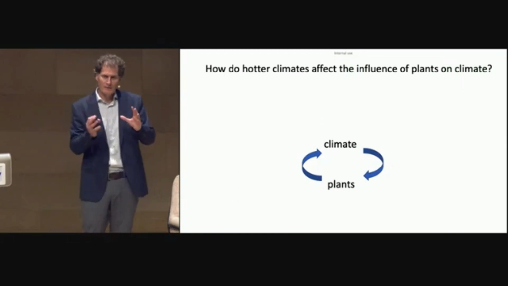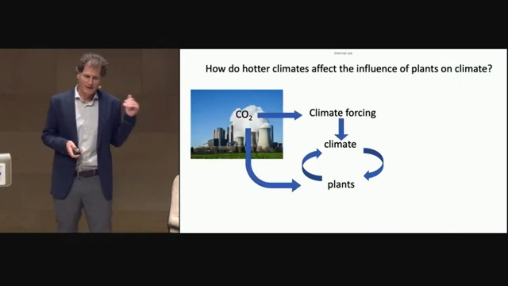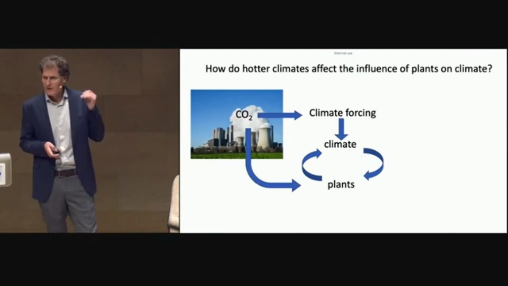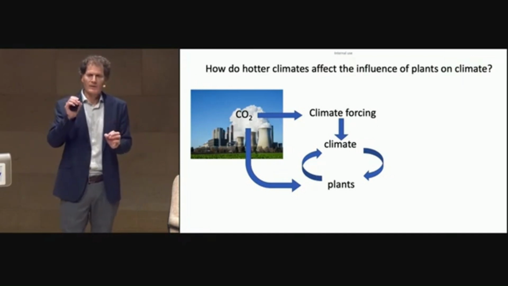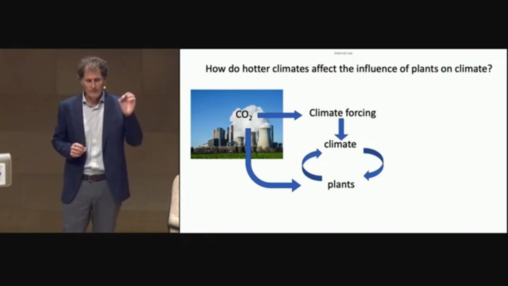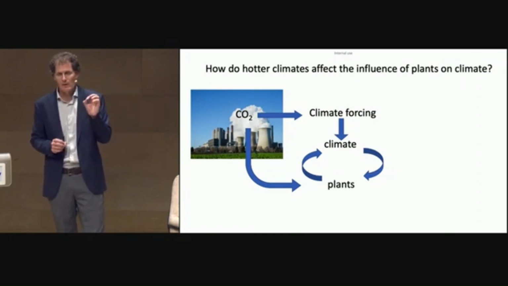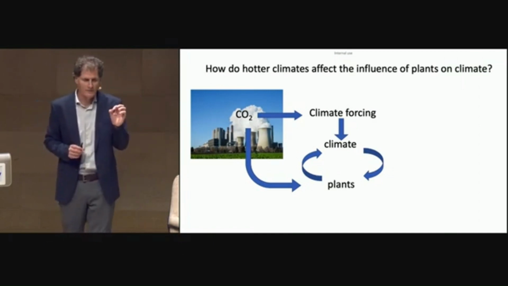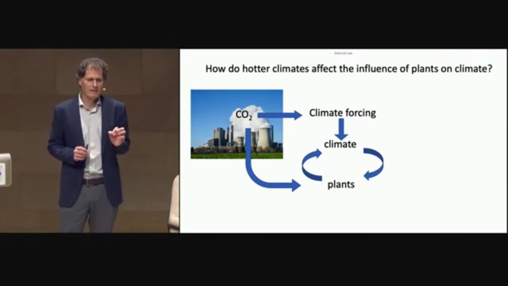Plants affect climate, climate affects plants, and this has gone on for quite some time while we had a stable CO2, but now with that CO2 forcing, that's creating these two disturbances to that system. The CO2 is forcing climate, of course, but there's also a direct effect of CO2 on plants. Plants use CO2 for photosynthesis, and the plants are responding directly to that increased CO2 as well.